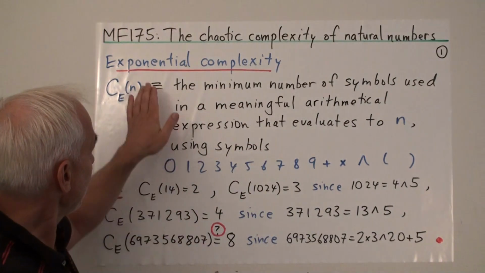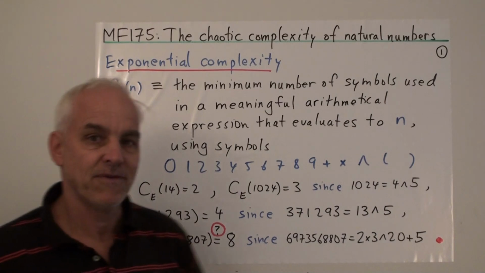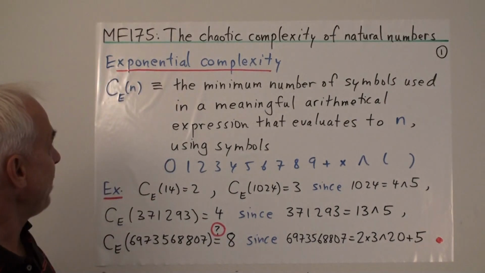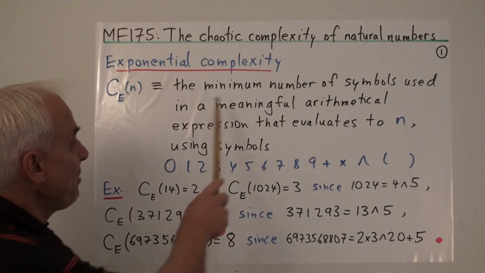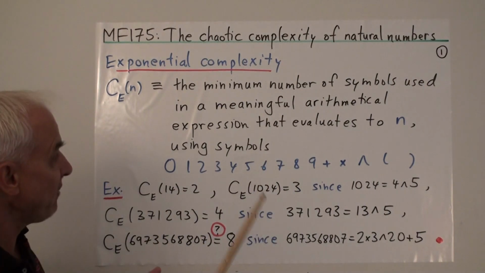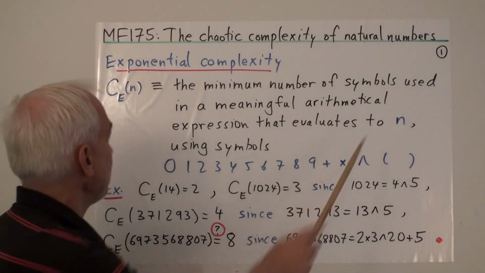Okay, so the first concept is that of exponential complexity, and we define that to be the minimum number of symbols used in a meaningful arithmetical expression that evaluates to a number n.